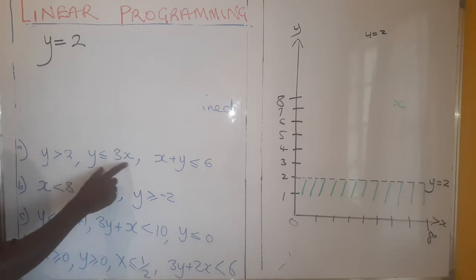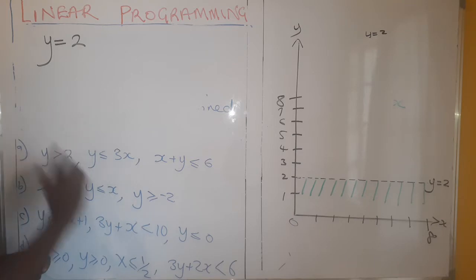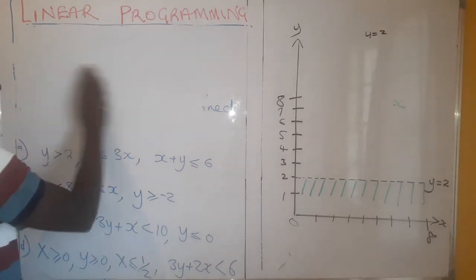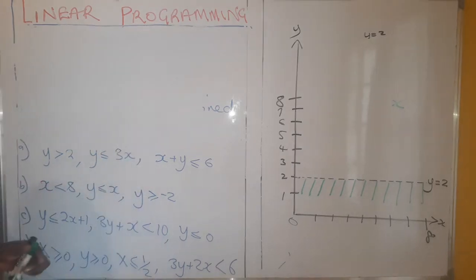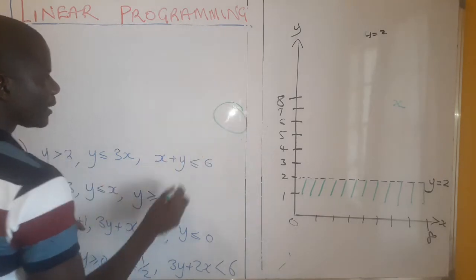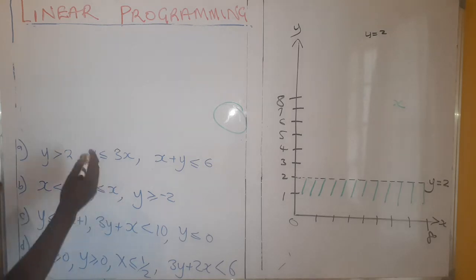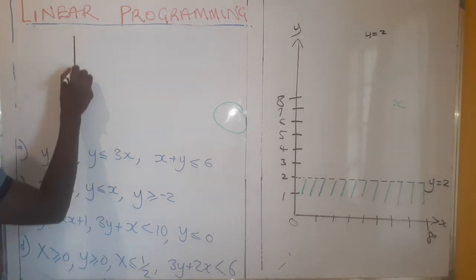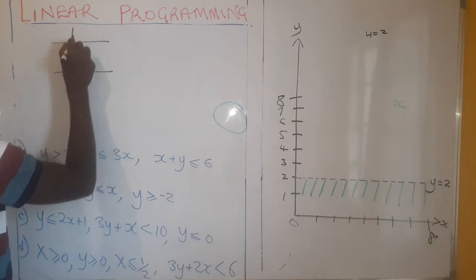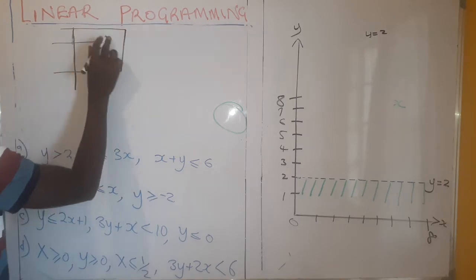All right, so here we have two variables. Where we have two variables, we need to come up with a set of coordinates. What am I talking about?